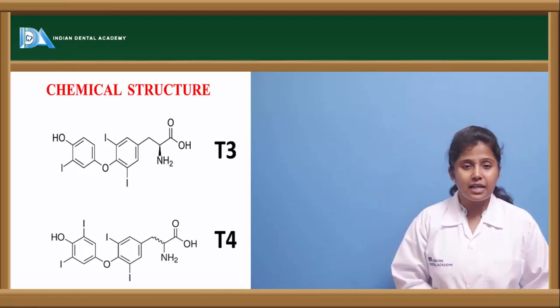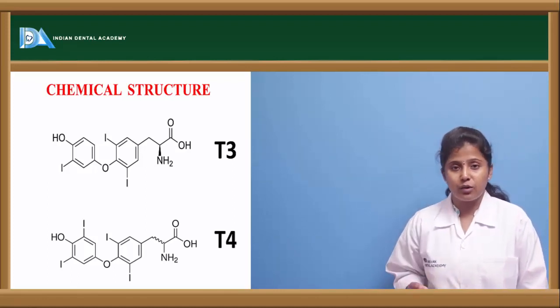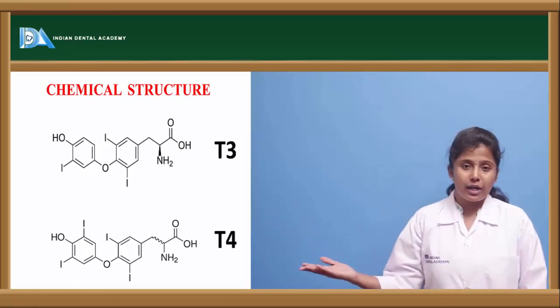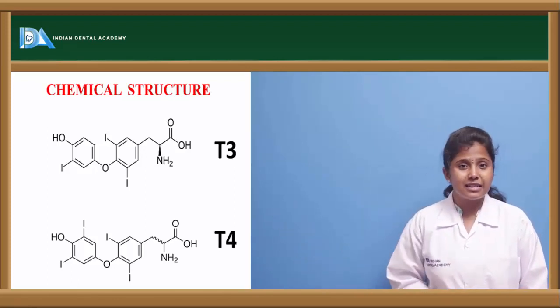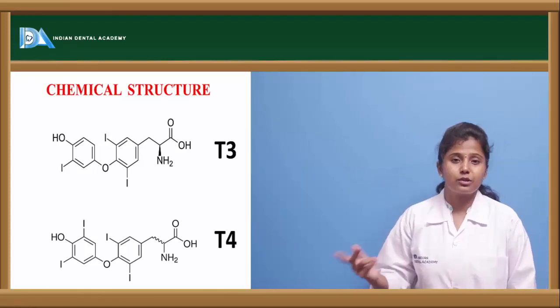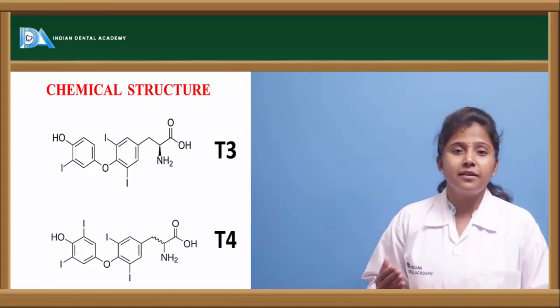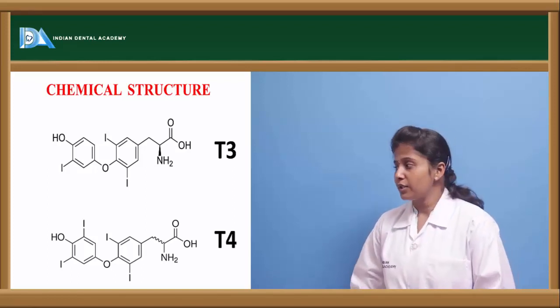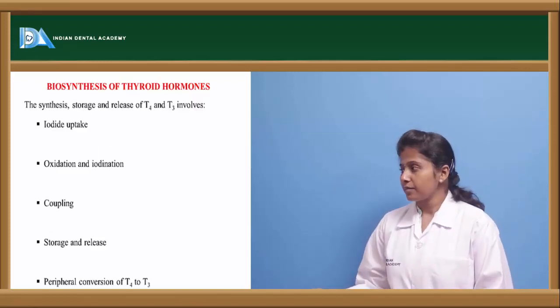As it contains 3 iodine groups, it is called triiodothyronine. And T4 contains 4 iodines at C3 and C5 of 2 different rings, so it is represented as 3,5,3',5' tetraiodothyronine, which is the T4 hormone.